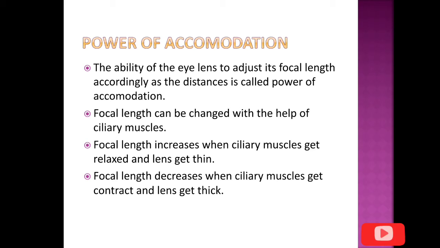So you see, when the ciliary muscles get relaxed and the lens gets thin, the focal length increases. And when the ciliary muscles contract and the lens gets thick, the focal length decreases. So this is all about the power of accommodation.